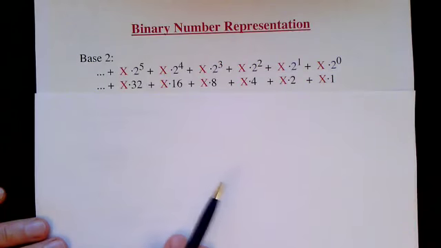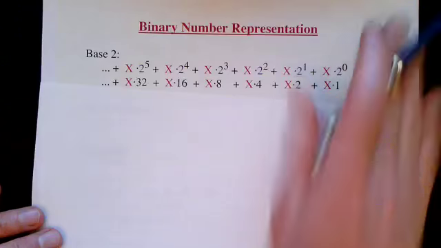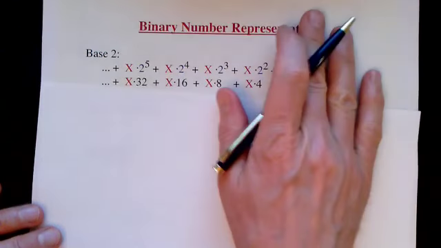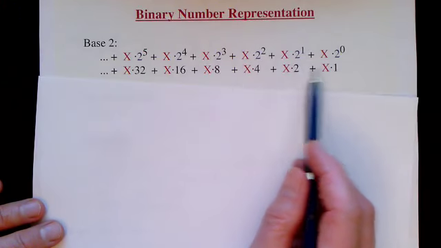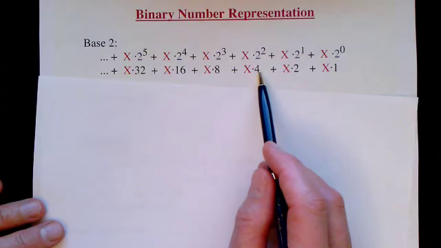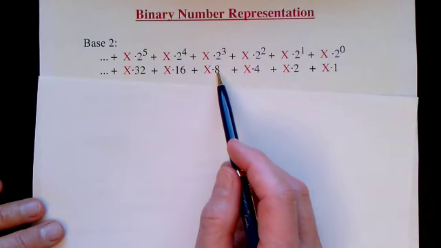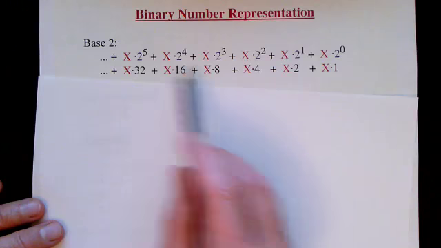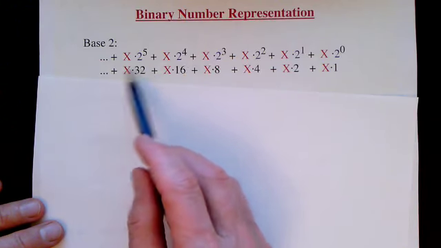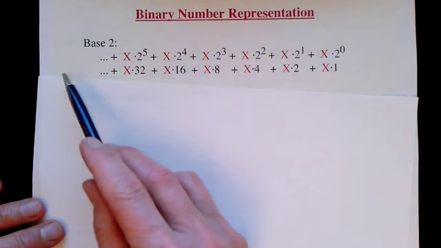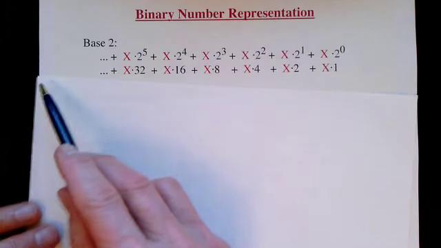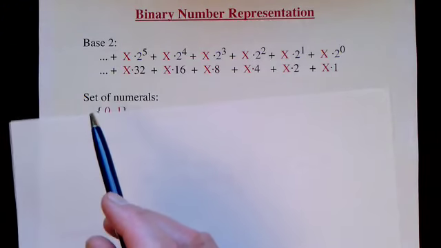So if you remember your powers of 2, the place values are 1, 2, 4, 8, 16, 32, and continuing 64, 128, 256, and 512, and so on, and then 1024.